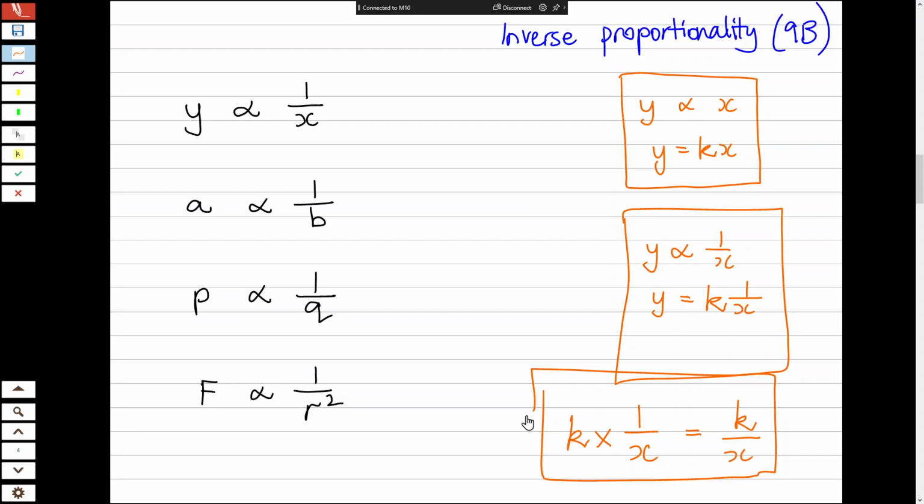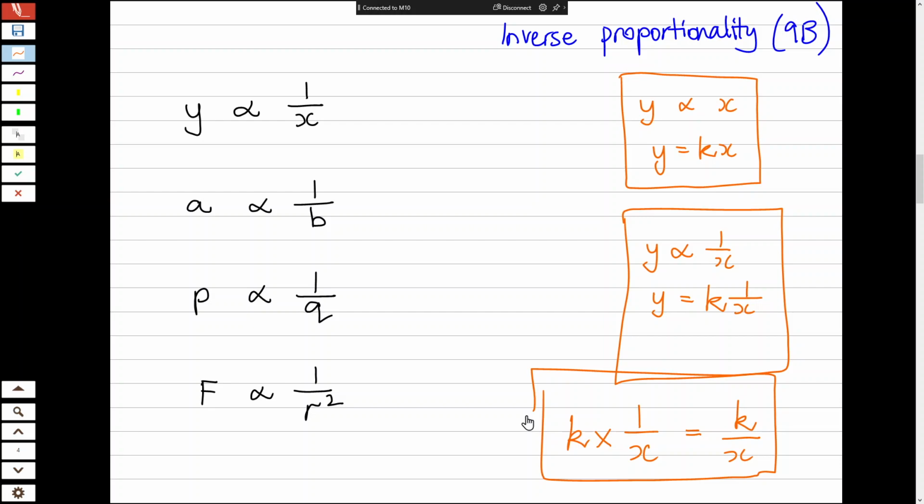So what's happening is we're saying y equals k times 1 on x. That's just the definition. Now, k is the same as k divided by 1. If you divide by 1, nothing changes.